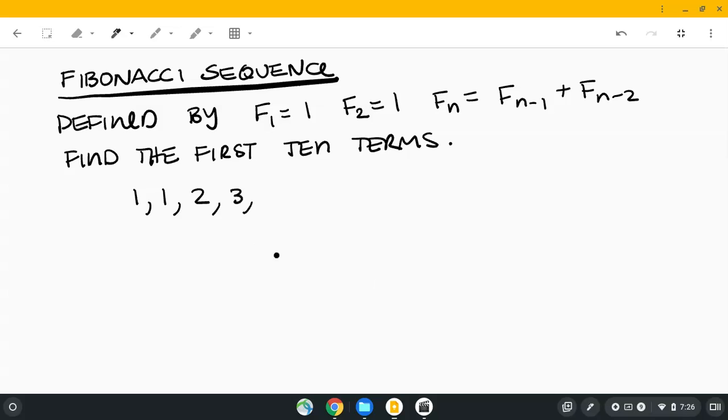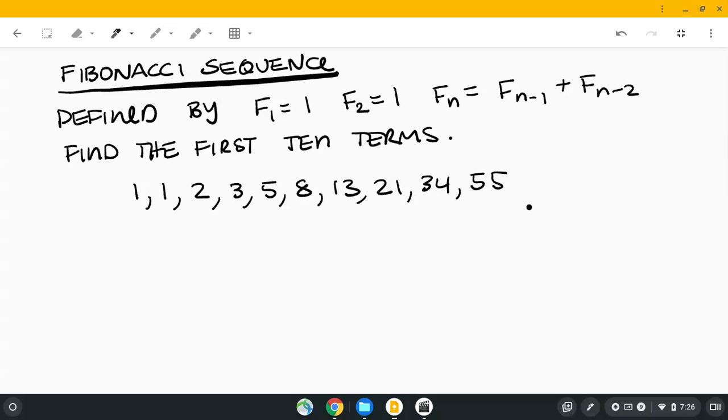The next one, I have to add the 2. 5, and then 8, and then 13, and then 21, and then 34, and 55. 1, 2, 3, 4, 5, 6, 7, 8, 9, 10. Okay, so here are the first 10 terms of the Fibonacci sequence, and it can keep on going.